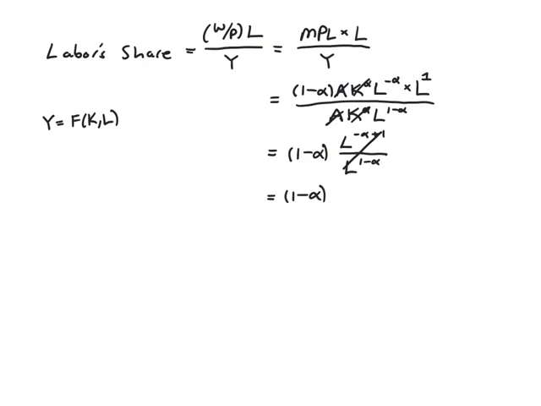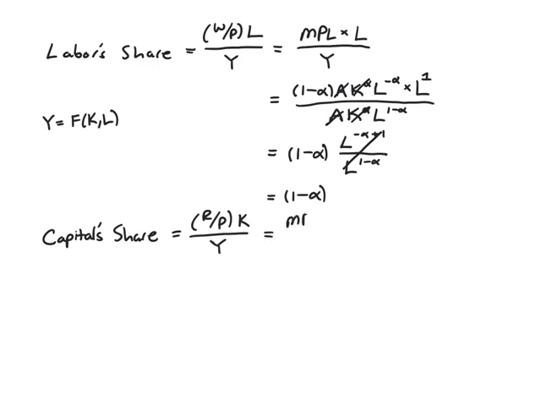Now, we know labor share and capital share add up to 100%, so if we wanted to, we could skip the calculation for capital share and just say, well, they must add up to 1, so capital must get alpha. But let's do the calculation just to make sure we didn't make any mistakes. So capital share, which in general is the real rental price of capital times the amount of capital over total income.